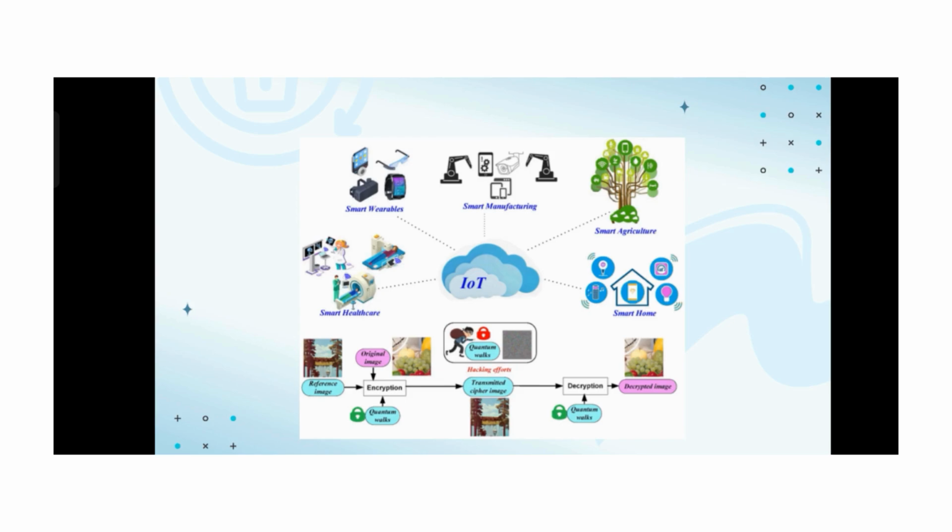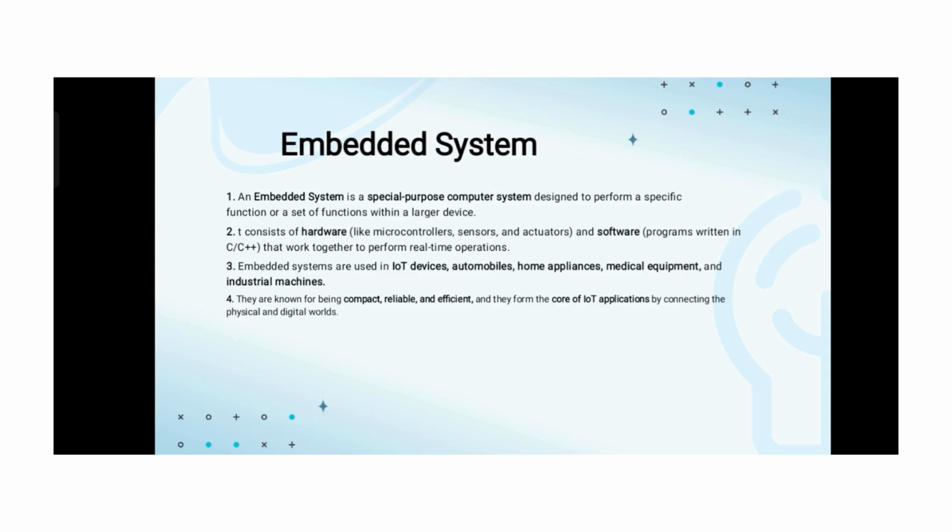Embedded system. Then we moved to embedded systems. An embedded system is a specialized computer designed to perform a specific function within a larger device. It combines both hardware, like sensors, actuators, and microcontrollers, and software, which we program in C and C++.